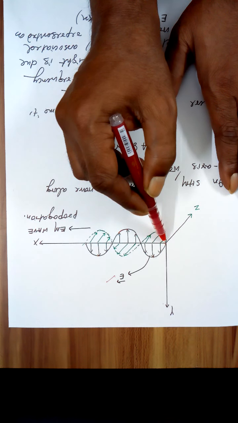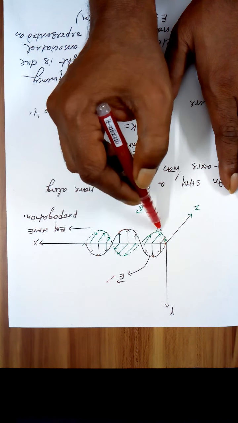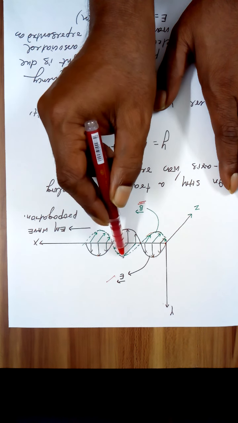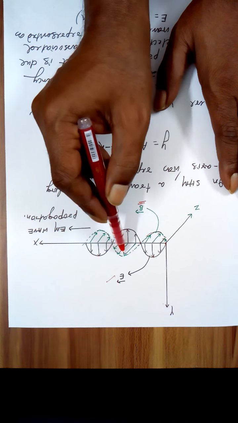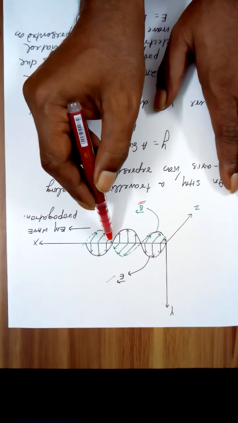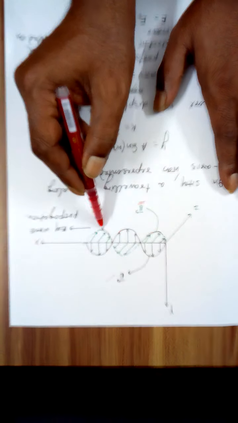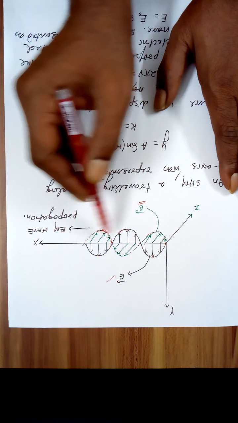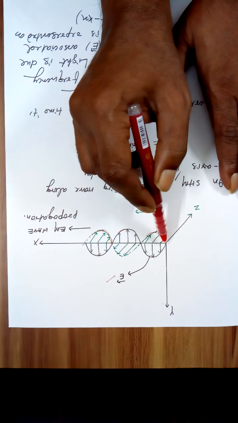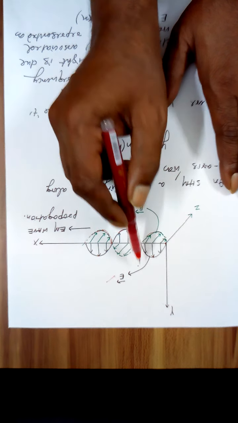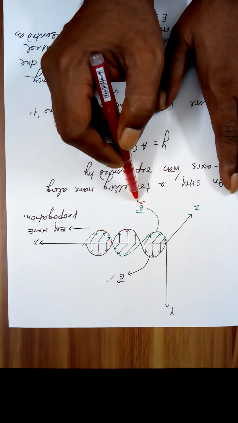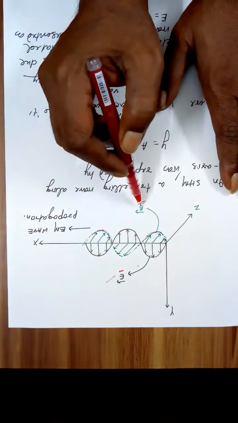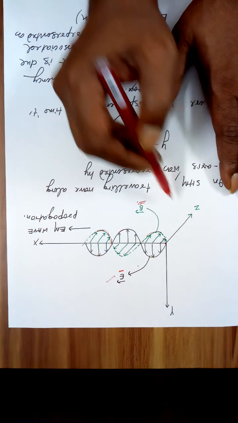Here the magnetic field is 0. It is increasing, becomes maximum, becomes 0, becomes maximum on the negative z-axis, reduces, becomes 0, again comes to the positive z-axis, becomes maximum and 0. So here at this place there is an electric field, there is a magnetic field, both are perpendicular to each other. The electric field is along the y-axis, the magnetic field is along the z-axis.